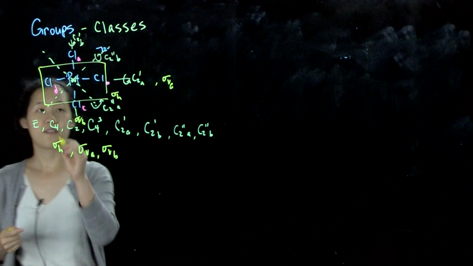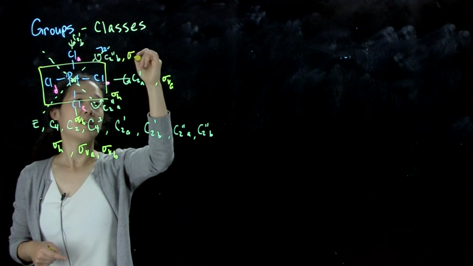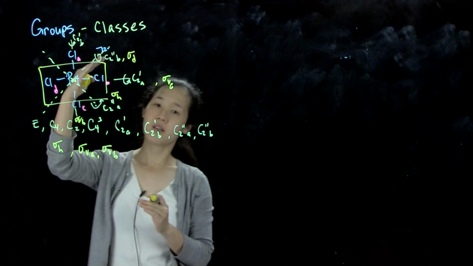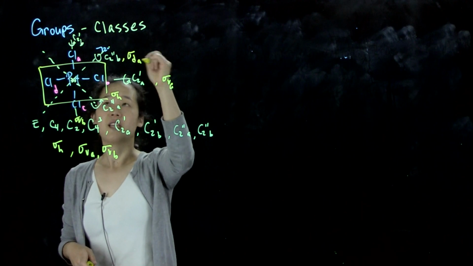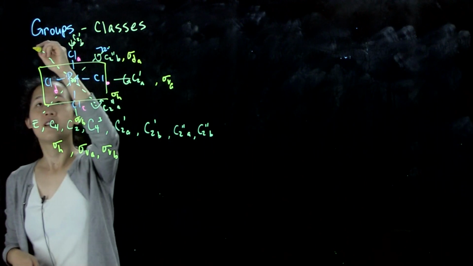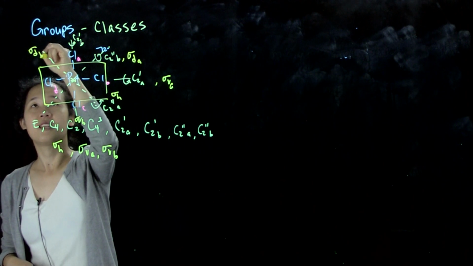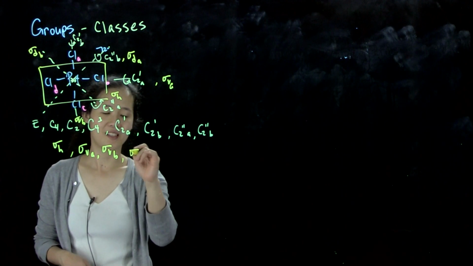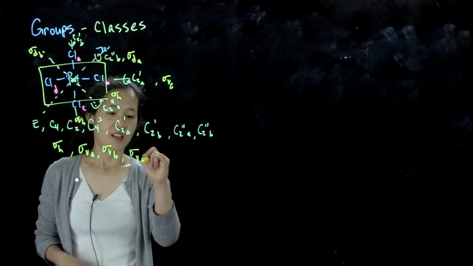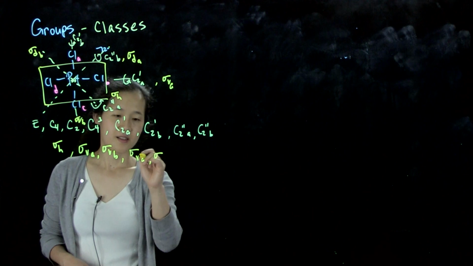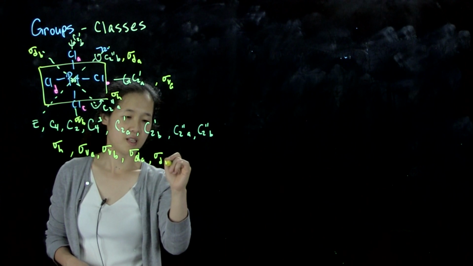Let's call this sigma D. This is a dihedral, again, between the bonds. So this is sigma dA, and we'll call this sigma dB. A lot of subscripts.